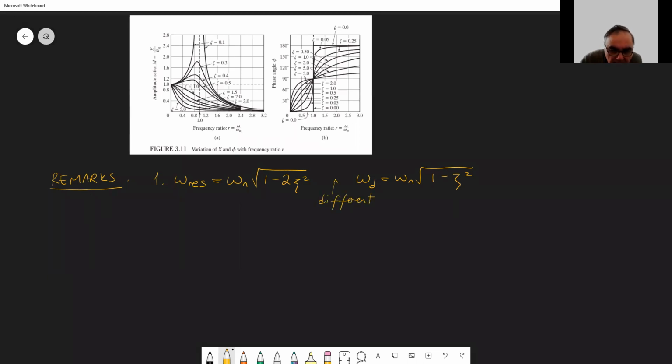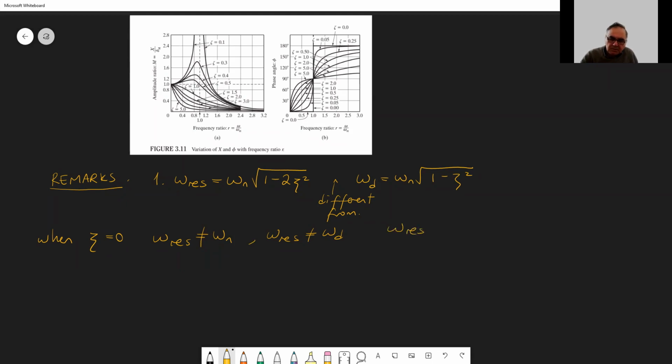So when zeta is not 0, the resonant frequency is not equal to the natural frequency, and the resonant frequency is not equal to the damped natural frequency.